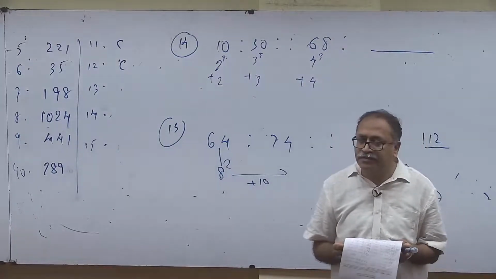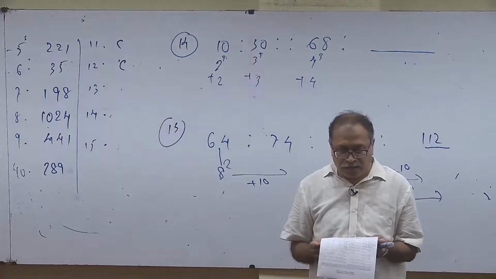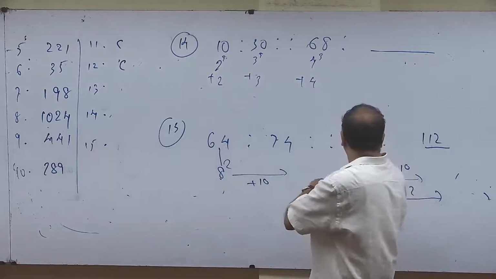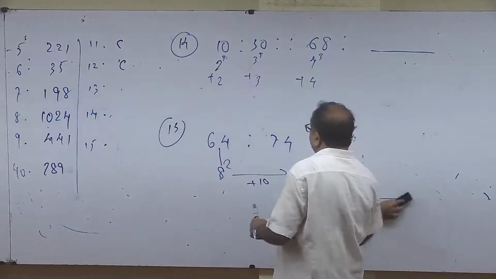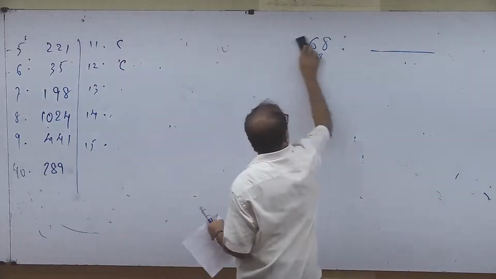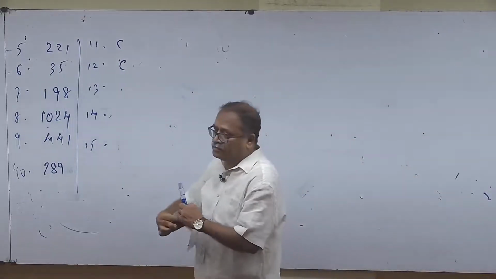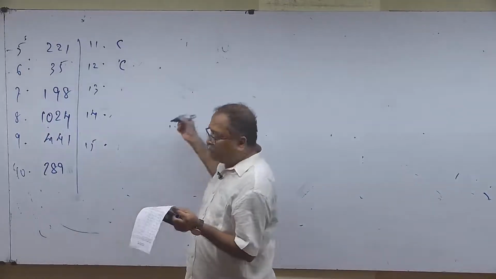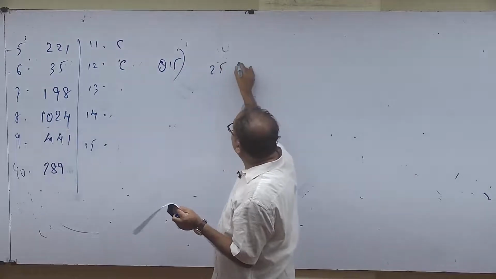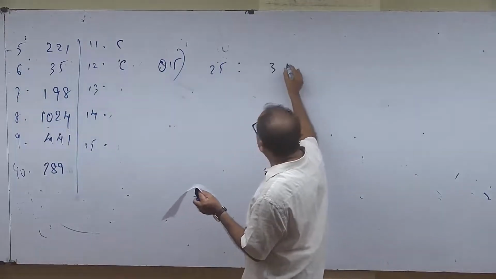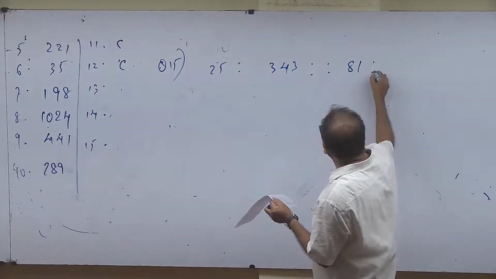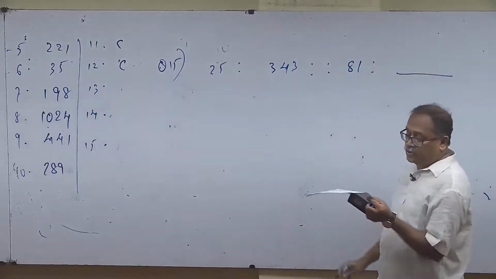Question 15. Let me write down here. Question 15, that is 25, 343, 81 and dash.